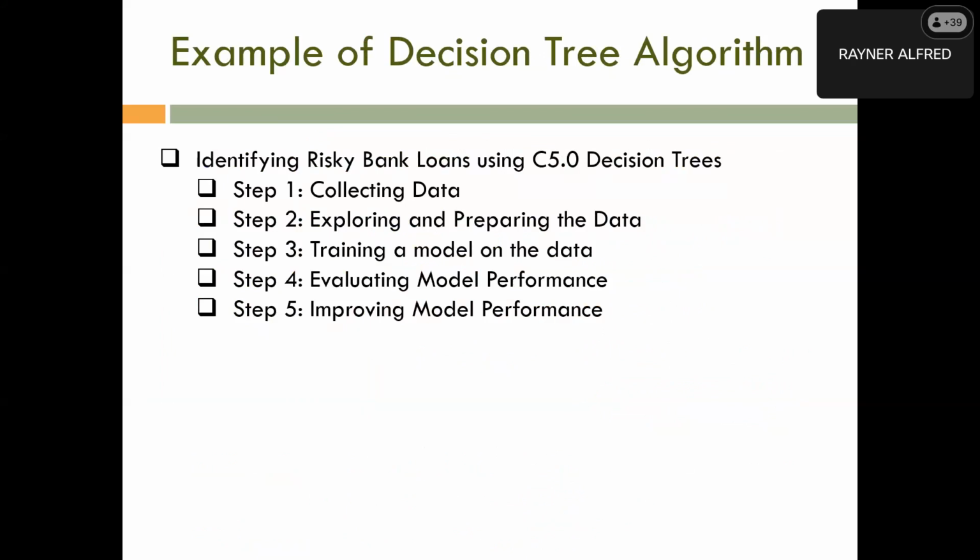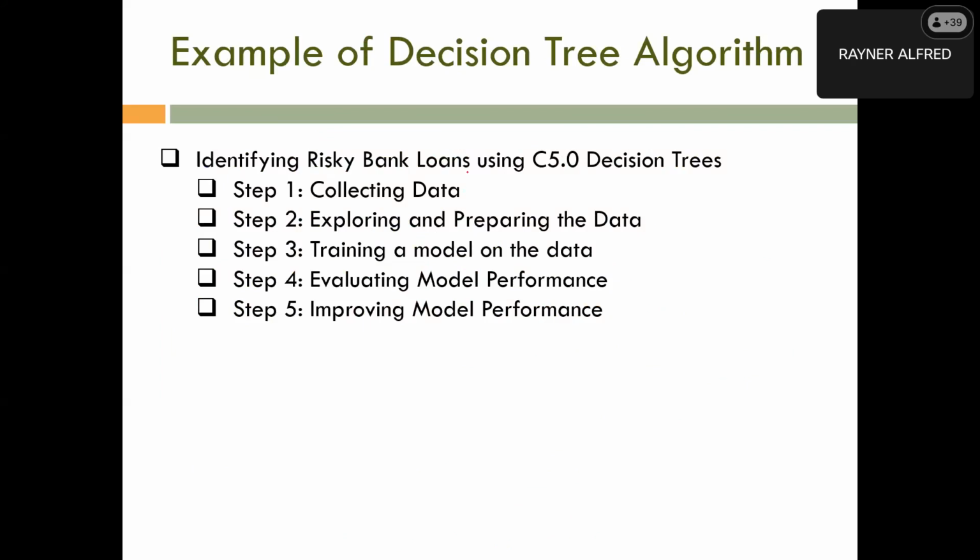Now let's take a look at how we apply this. So this is bank data. Basically this one is looking at considering applying for a loan, and then can we approve or not approve the loan.